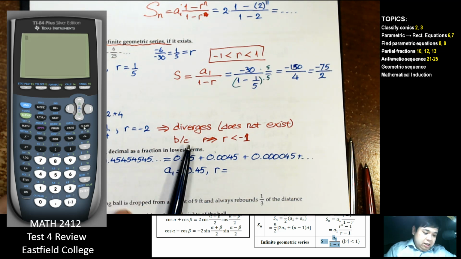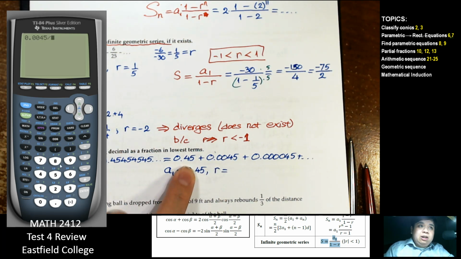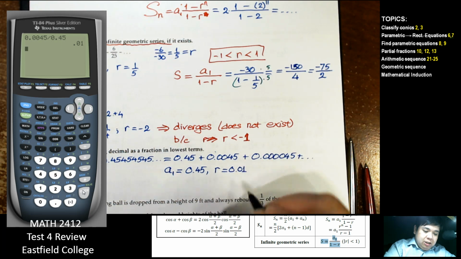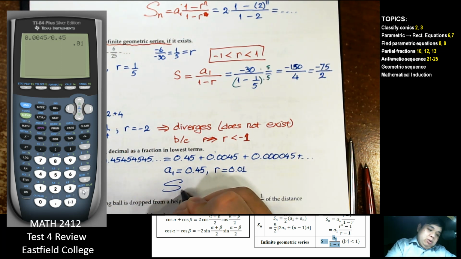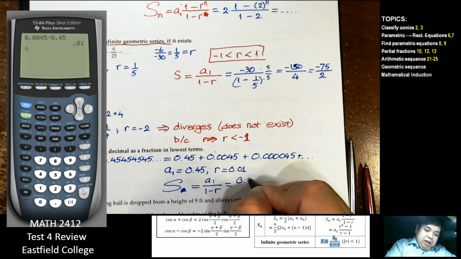Calculator. 0.0045 divided by 0.45, that would be 0.01. Right, and then we just do S, sorry, no n, a1 over 1 minus r.